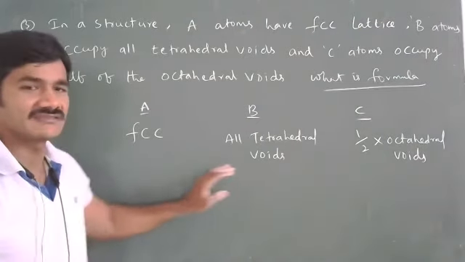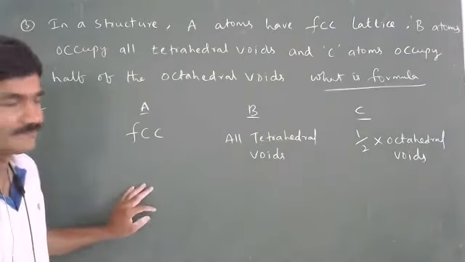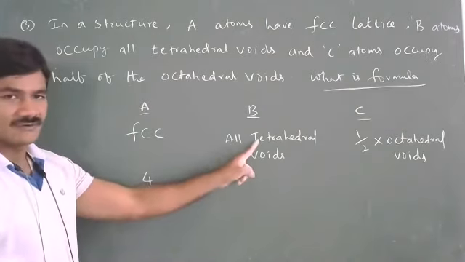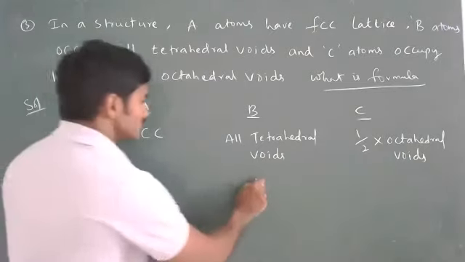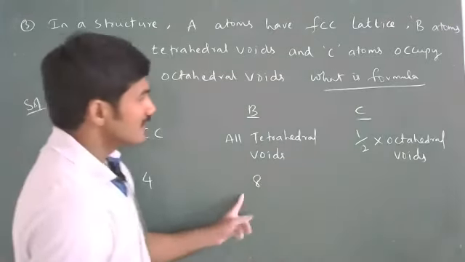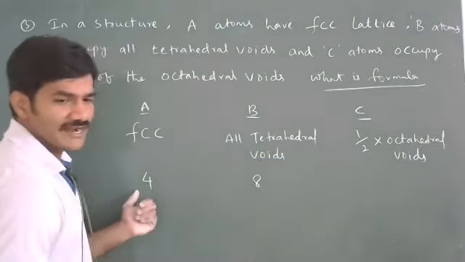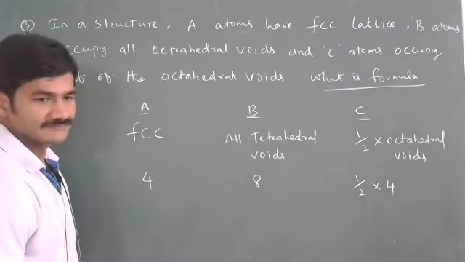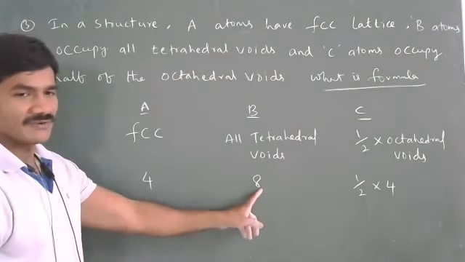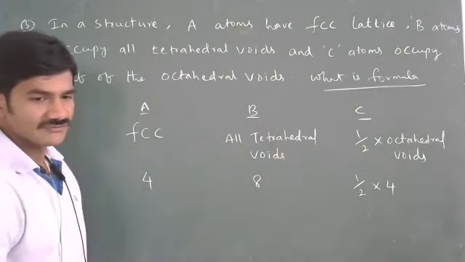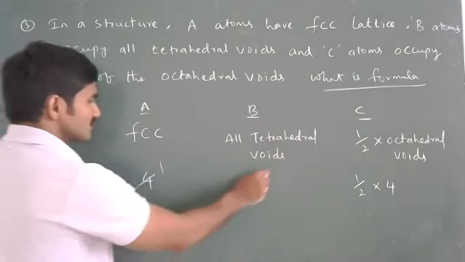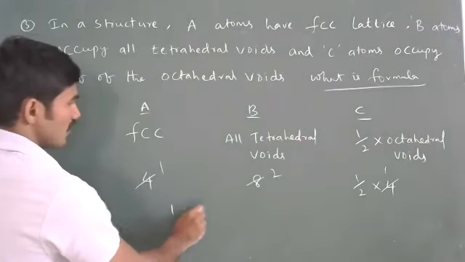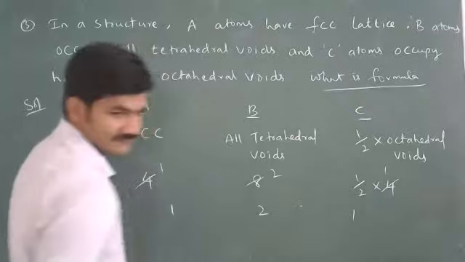If you write like this, you can find out the formula easily. So FCC, the number of atoms is 4. The number of tetrahedral voids for 4 atoms is 8, and the number of octahedral voids for 4 atoms is 4. If the number of atoms is 4, tetrahedral voids are double and octahedral voids are 4. Simplify this. So 1:2:1.